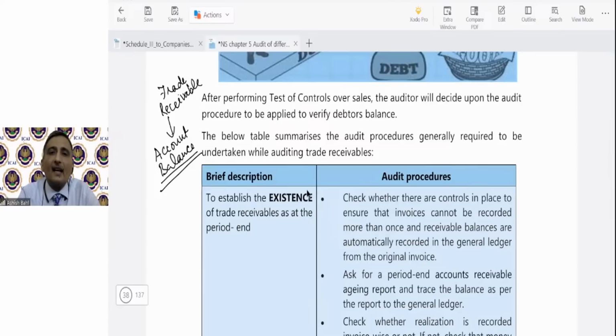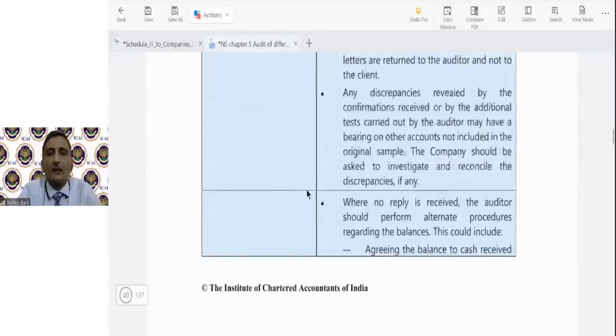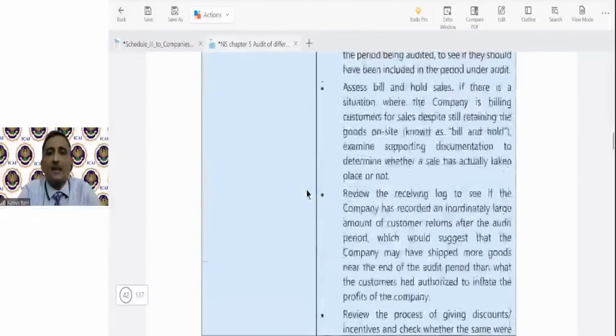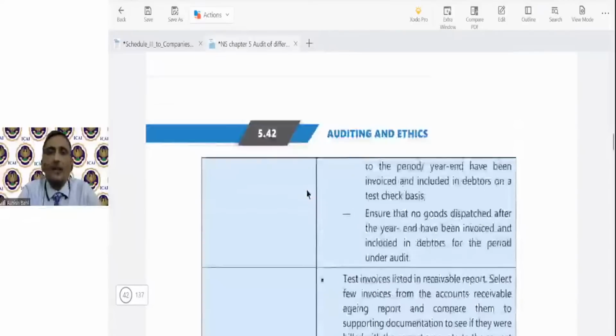So these assertions are, students, existence, completeness, valuation, and rights and obligations.